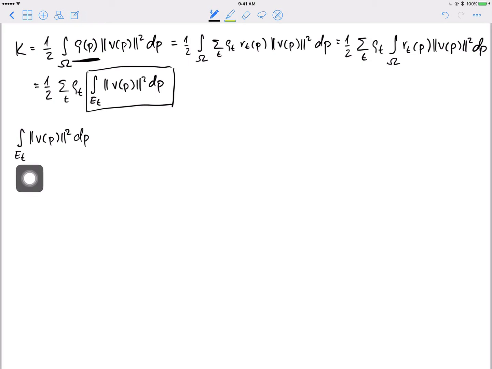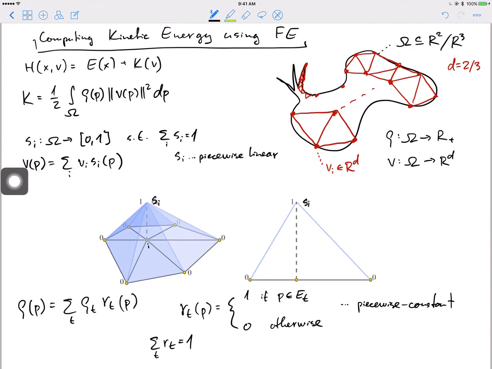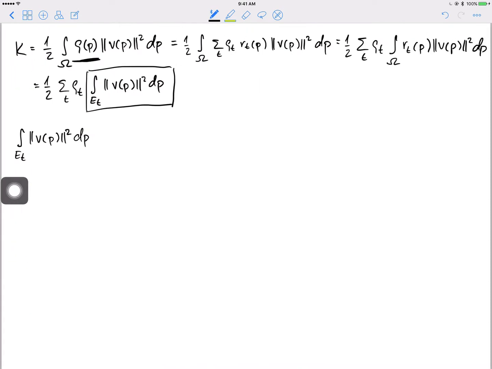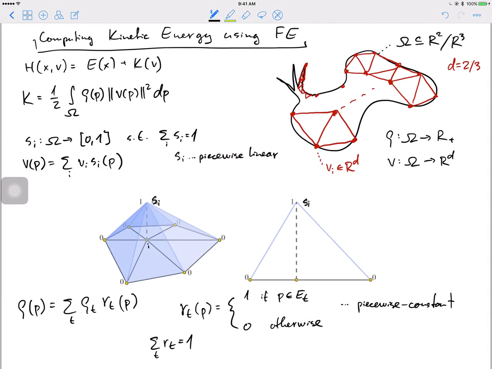So I'm going to apply this finite element approximation of the velocity field. I will replace the Vp with the sum of Vi Si p. So this is an integral like this, and I just plug in the sum of my Vi shape functions Si p, this whole thing squared, dp. Sounds good? I just plugged in exactly this formula.